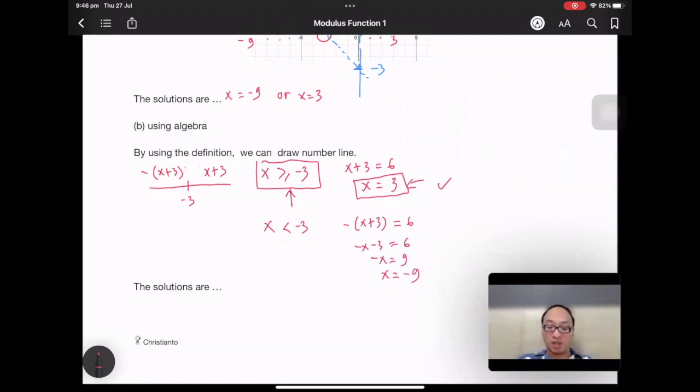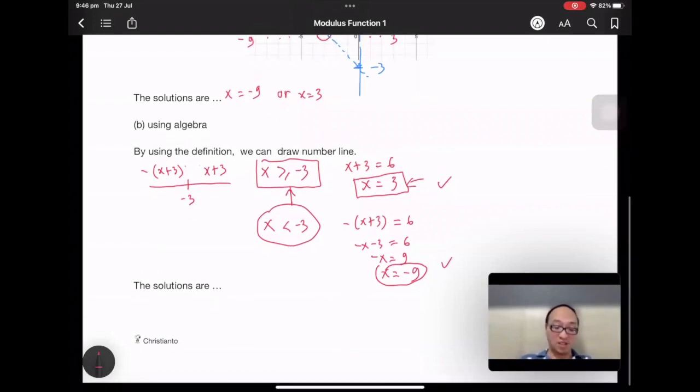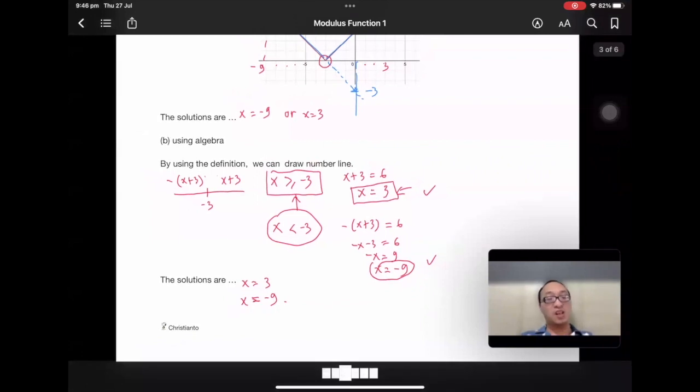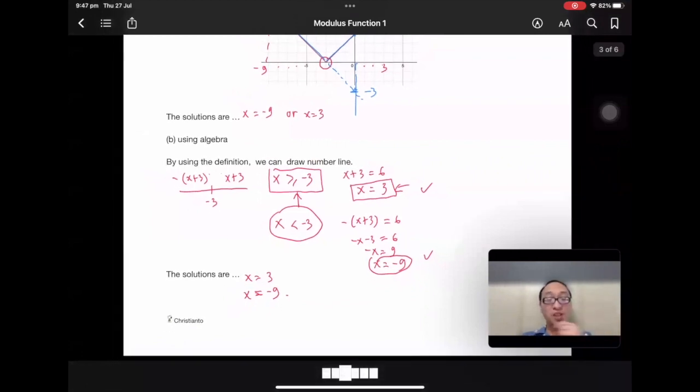And then we have to check again. Is negative 9 smaller than negative 3? Yes. So that means we can take both answers, negative 9 and 3. So the solutions are x equals 3 and x equals negative 9. So this is how we work with the definition.